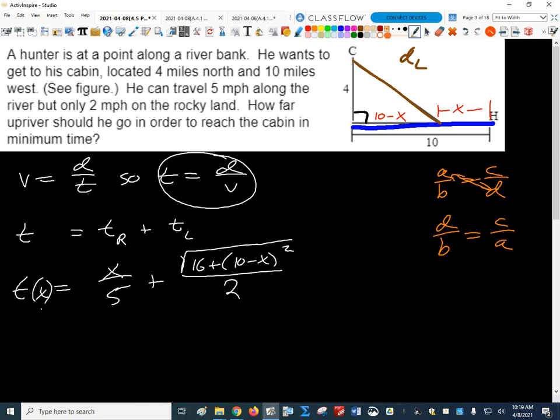The river flows forever, right? We'll say it's just a straight stretch of river. So below 0, if x is negative, if we're defining how far he's moving along the river as x, I mean, he could go backwards, but that's not very smart, is it? We can rule those out because we know those are going to be bad solutions. So 0 is probably our lower limit for our domain. What's the upper limit? 10. We wouldn't want to overshoot and then have to backtrack. That wouldn't make sense, right? So 0 to 10.